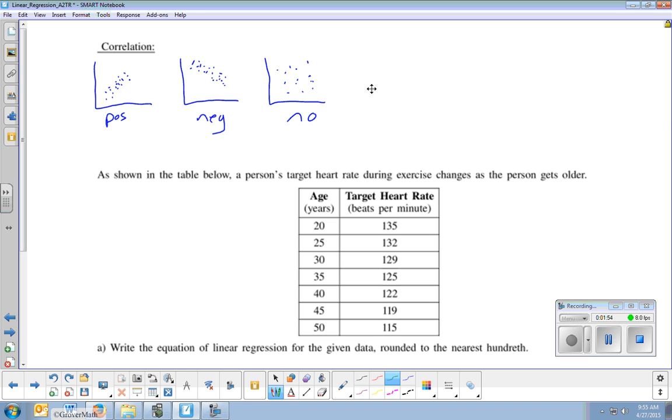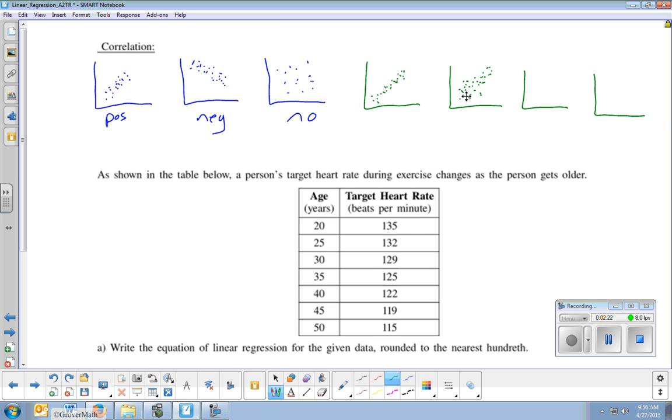But now we have strong positive, strong negative, weak positive, weak negative, and so on. And that comes up from something called the correlation coefficient. So let me show you 4 more scatter plots. So this one right here versus this one here.